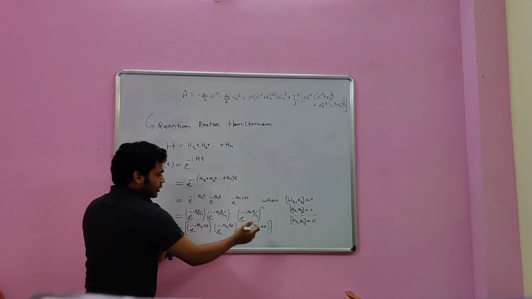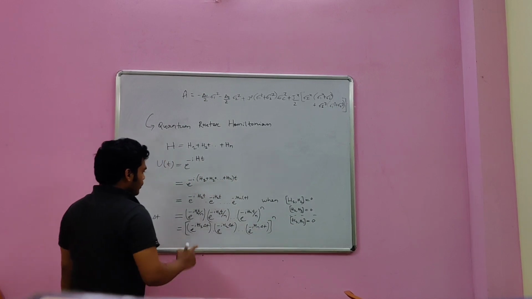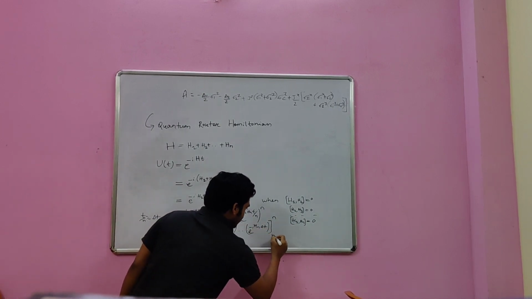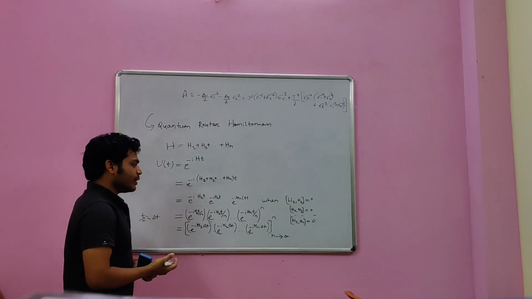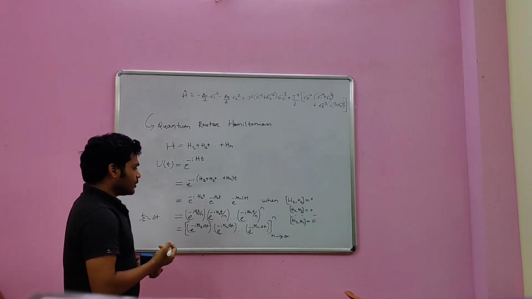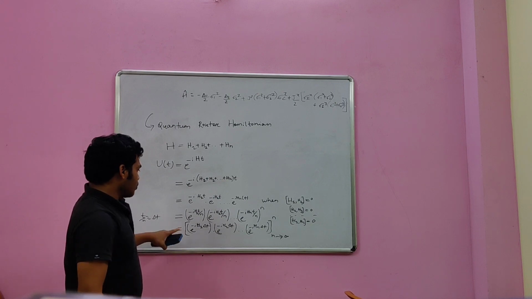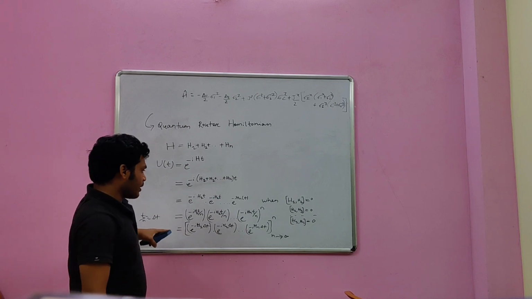And we need to repeat the whole thing n times. And when n tends to infinity, I mean we need to take n to be a large number, and the larger the value of n, the more accurate the results.